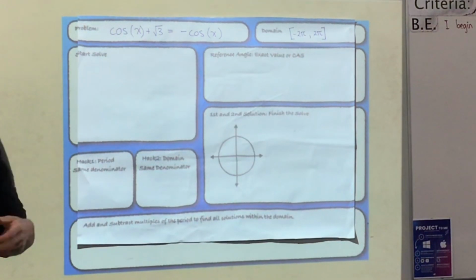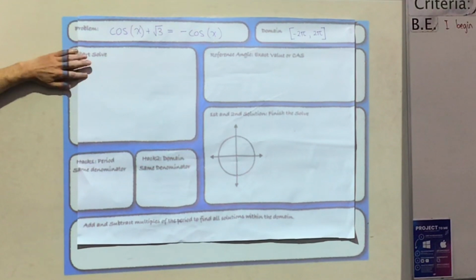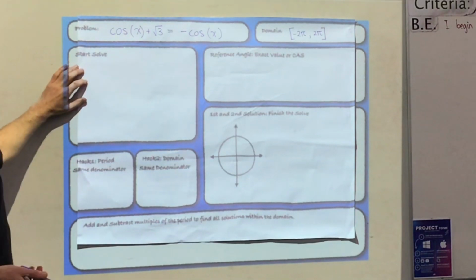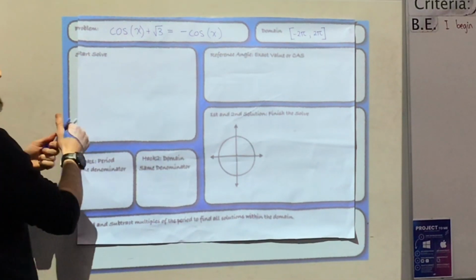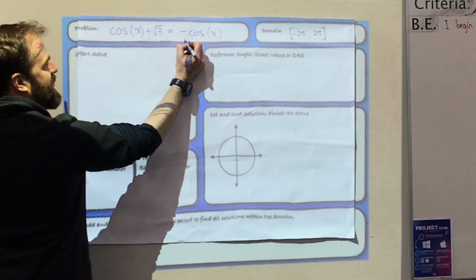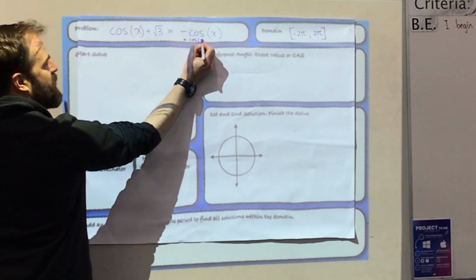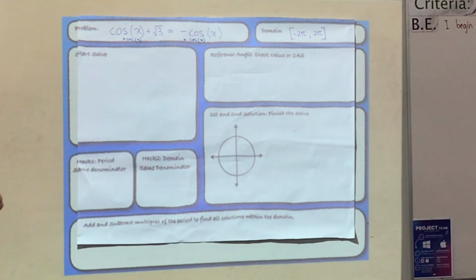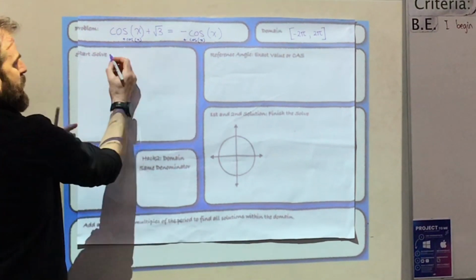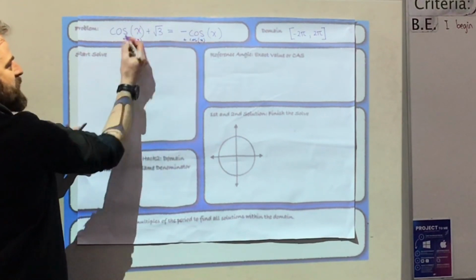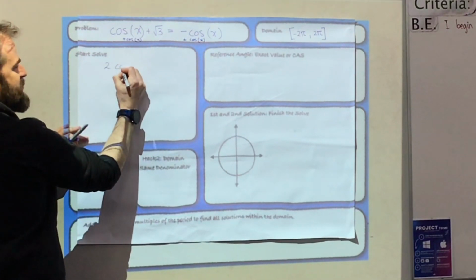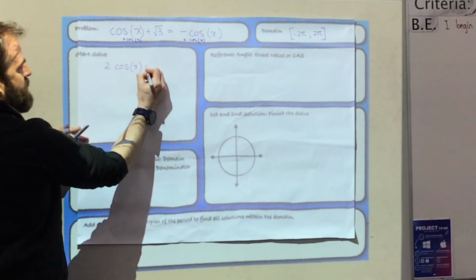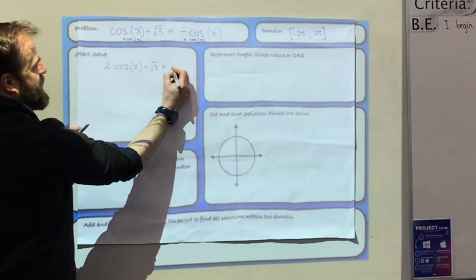First thing that we always try to do is start solving it, get our bits together and create the most simplified trigonometric equation that we can solve. So I'm going to start by adding cos x to both sides. Pretty straightforward. When I add cos x, I'm going to have 2 cos x plus root 3 equals 0.